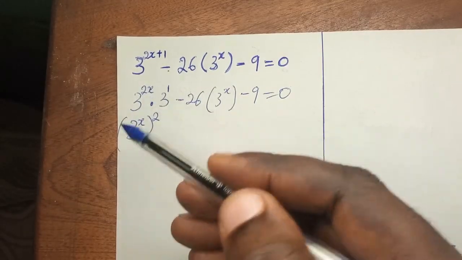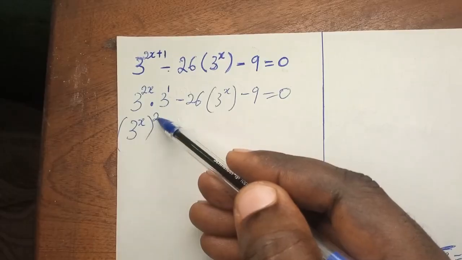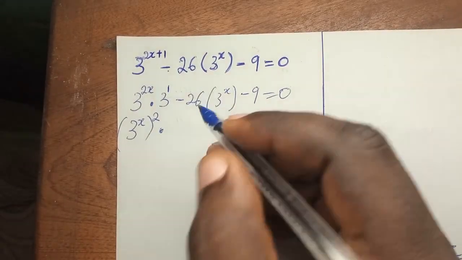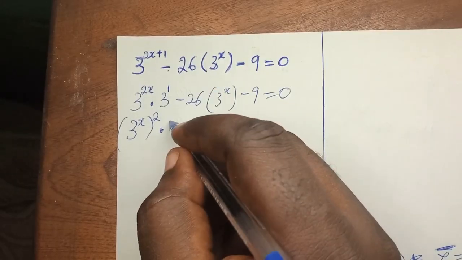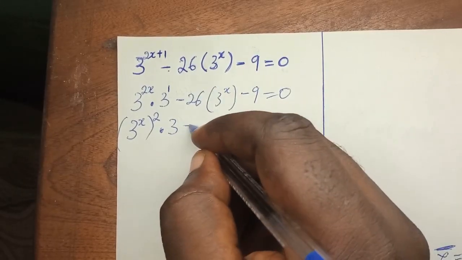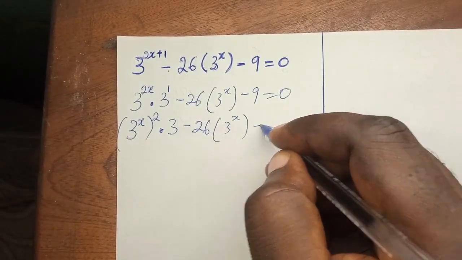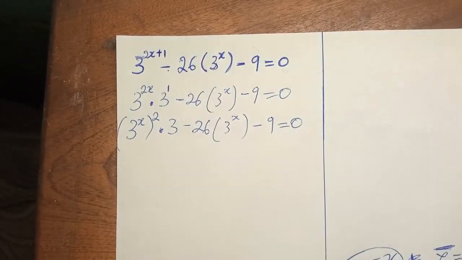So 3 to the x, all squared, is still 3 to the 2x. We still multiply by our 3 to the power 1, which is still the same as 3. Then minus 26, 3 to the x, minus 9 is equal to 0.